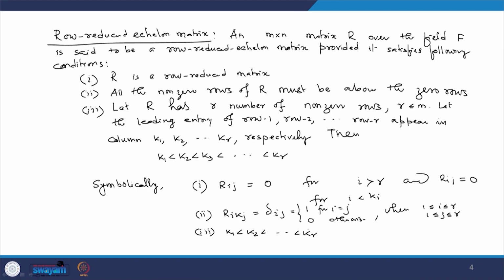So, let me take some examples first. As usual, the zero matrix will certainly be a row reduced echelon matrix. First is the 0 matrix. This is a trivial example.